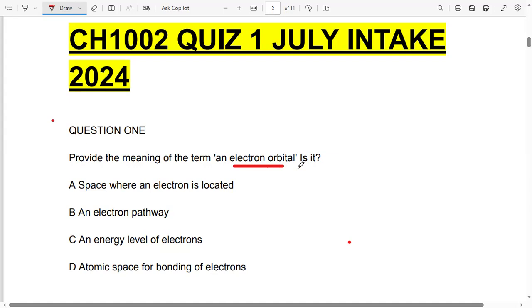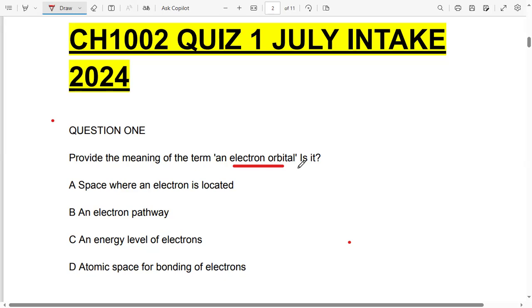An electron orbital is just a region within an atom where there is a high probability of you finding what? Electrons. So that's the commonly used definition.